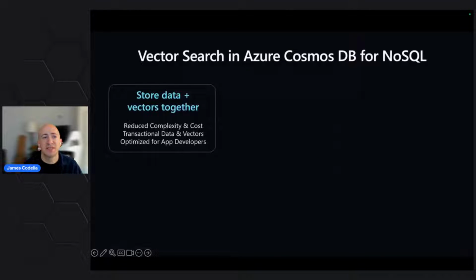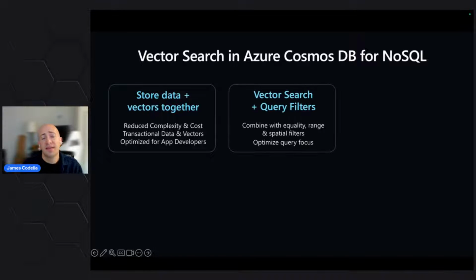So for vector search in particular, right? We talked about how you get to store your data and your vectors together in one database, in one collection, even in one data item. So this reduces the complexity and cost of your generative AI applications. Next, because vector search in Cosmos DB is just another query function, you can actually use it in any Cosmos DB query, right?